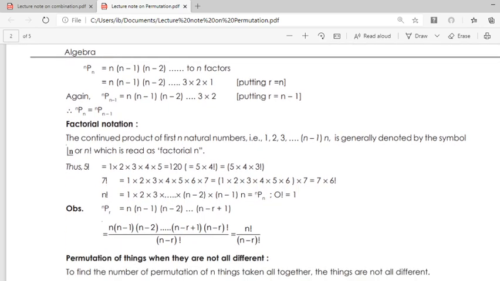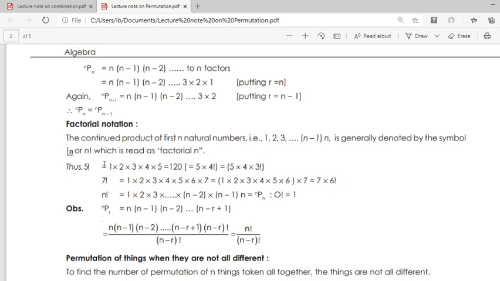Now, we need to know about factorial notation because you are going to use it. When you talk about factorial, it's just a multiplication of the first n natural numbers. You have n factorial as 1 times 2 times 3 up to n minus 1 times n.